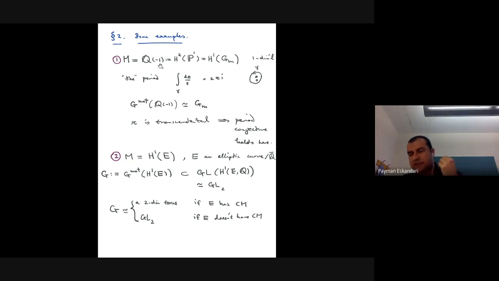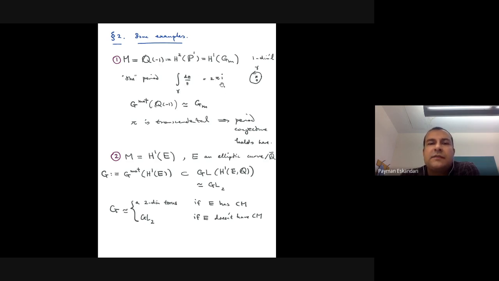It's usually called the Lefschetz motive. Now, H1 of C star is one-dimensional. A basis for the singular homology is given by this loop gamma around the origin, and a basis for the de Rham realization is the differential form dz over z, and the period pairing between these two gives you 2 pi i.